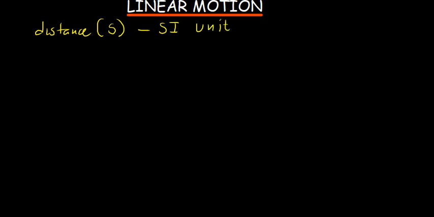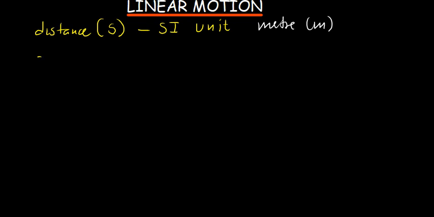This is the unit that is accepted for you to use. So the SI unit for distance is meter. So every time you are working with distance, if they've given you kilometers, take it to meters. If they've given you centimeters, take it to meters. The SI unit for displacement is also meters.